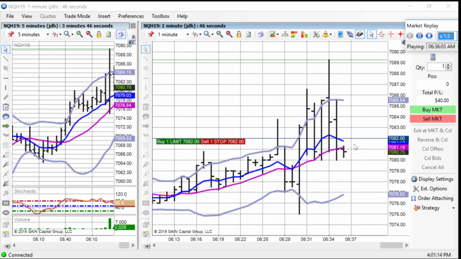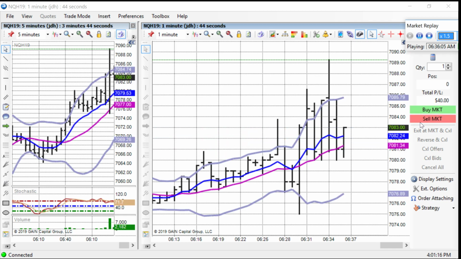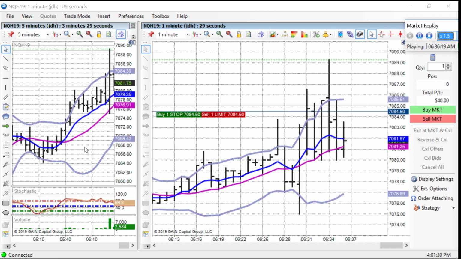But so okay, it's coming back up, it looks like, and so I couldn't enter right there because I'm still not sure yet. I think it's going to continue long.